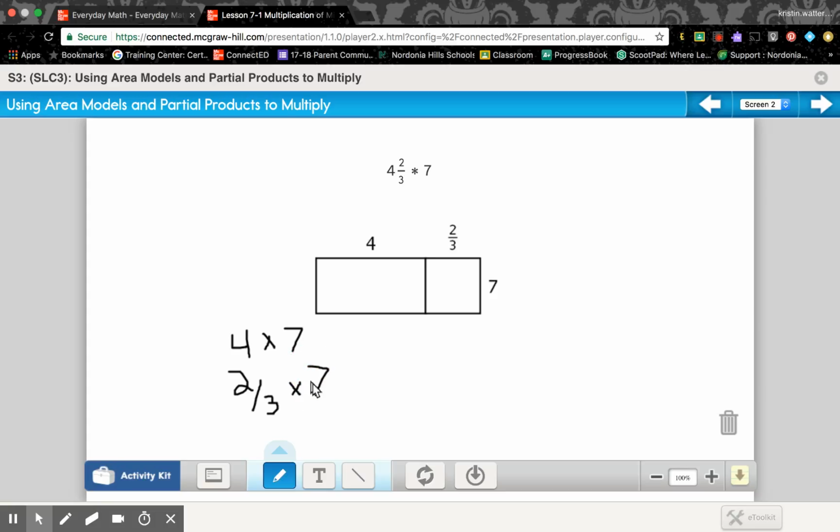Okay, so our first step is, what is 4 times 7? Well, that is 28. So we're going to write that in our area model here. And then for our second box, we have to think about what is 2/3 times 7. So remember, when we multiplied a fraction with a whole number in Unit 3 and Unit 5, we know to put a 1 in our denominator. So we're really doing what is 2 times 7, which is 14.